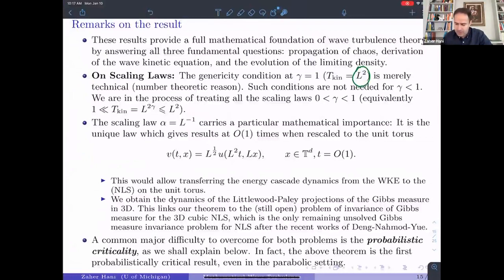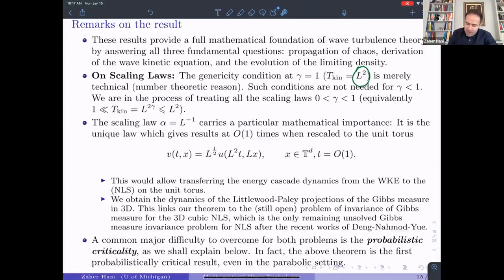So why is this important? Because, as we said, in this case the kinetic time scale is L squared. And this means that this is the unique scaling law which gives us results that are order of 1 times on the unit torus. So remember, we are working on NLS on a box of size L, but I can rescale everything to a box of size 1.